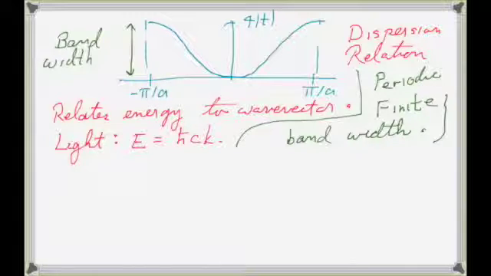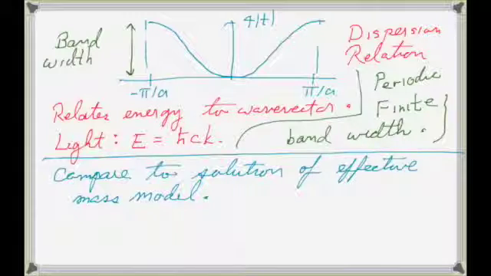Okay. So let's compare this solution that we just calculated for a 1D crystal with one s orbital on each atom to the solution that arises from the effective mass model. So what is the effective mass model?